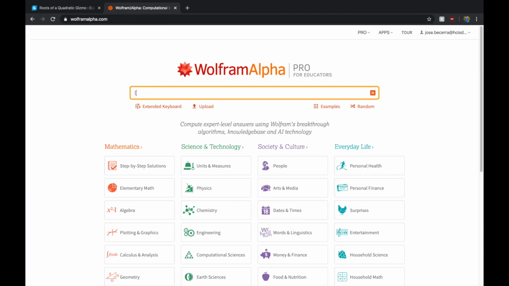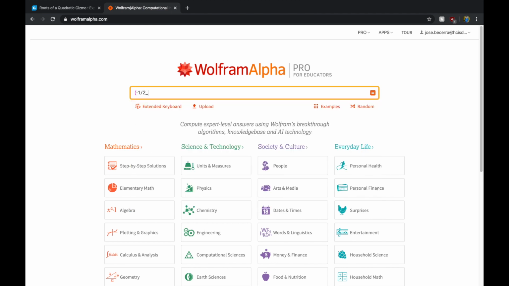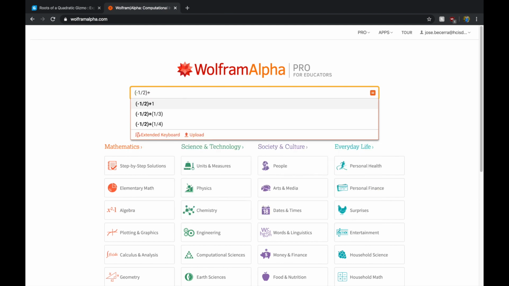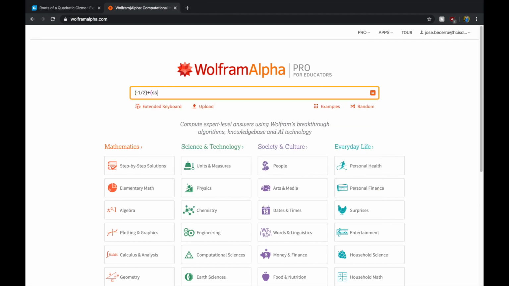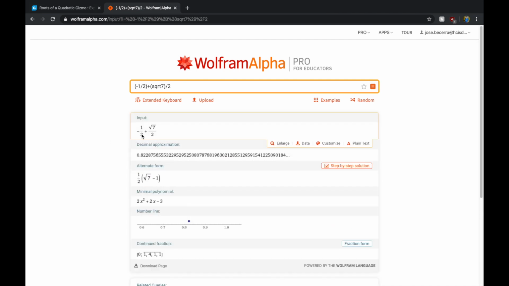I'm going to put in the value that I just got, negative 1/2, and do it one at a time. So first is plus, and now the square root of 7 divided by 2. Now we press enter and see if it looks like what we're looking for.